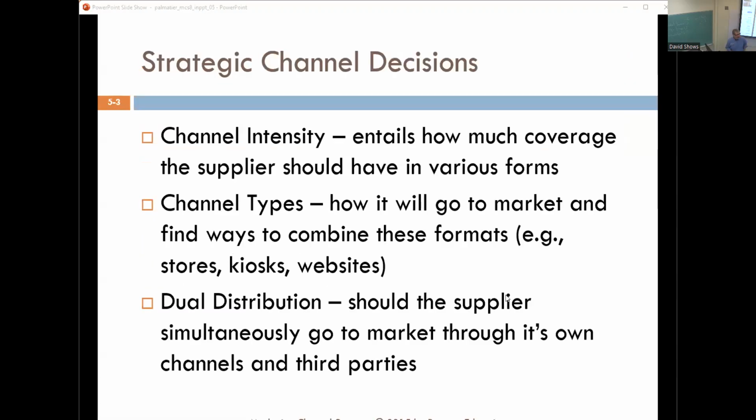So here are 3 strategic decisions that we need to ponder. The first is channel intensity. How much coverage the supplier should have in all of its various forms. The channel types. How do you go to market? And how do you find ways of combining these formats together with some kind of reasonable success?